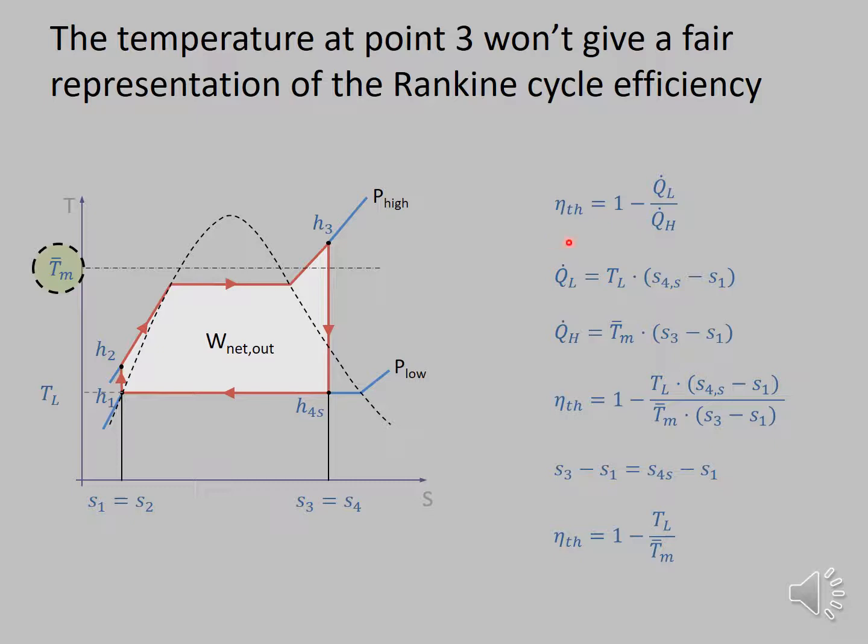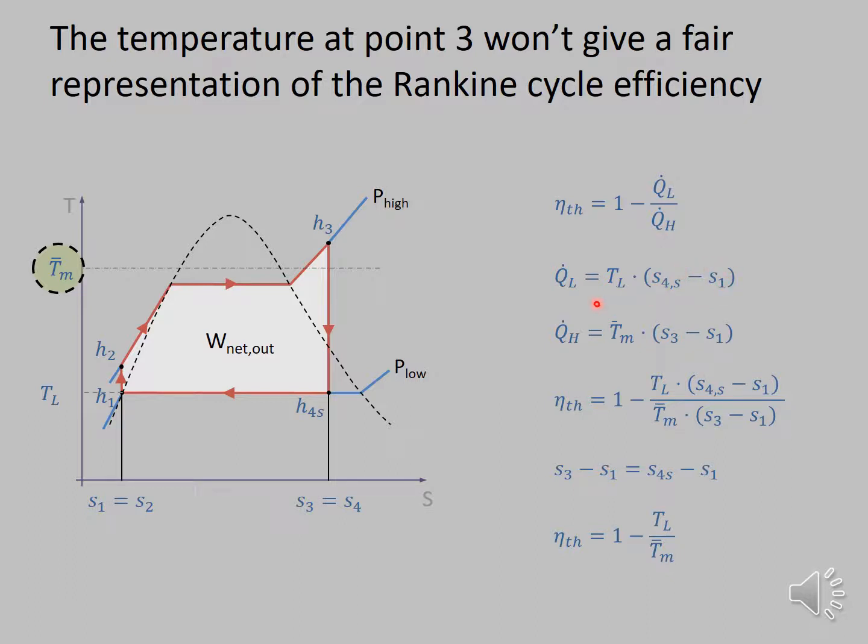Okay, so if we remember that we had the thermal efficiency of the cycle as 1 minus QL divided by QH, we can use this information to say that we have an isothermal heat rejection. That means we have a constant TL. Well, then the heat, if it's reversibly done, is temperature times the difference in entropy.